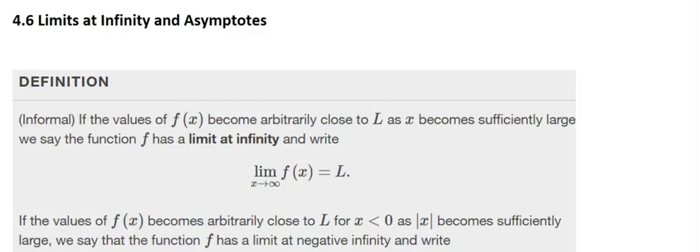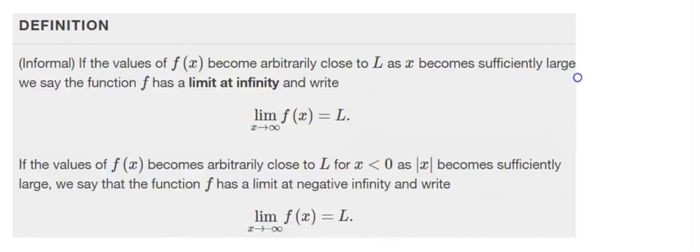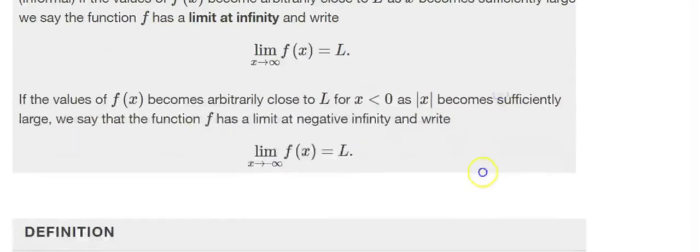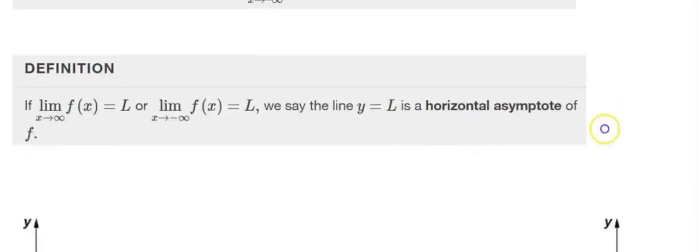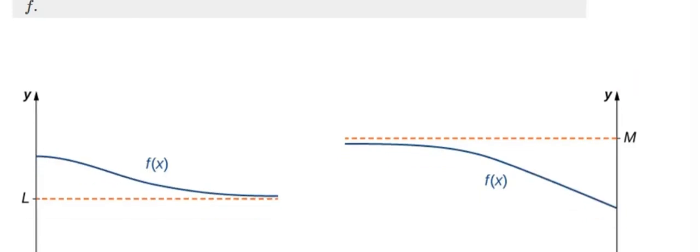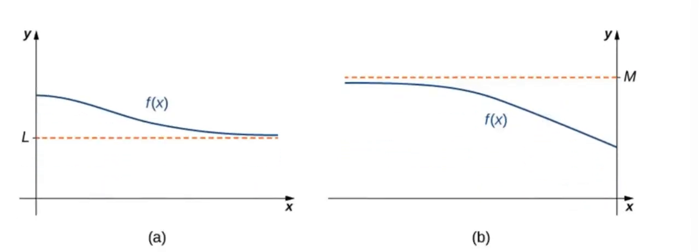What I have here is an informal definition that talks about the limit at infinity, followed by a formal definition for horizontal asymptote. I want to illustrate this definition using this set of graphs here. The first graph shows you f of x as the blue function.